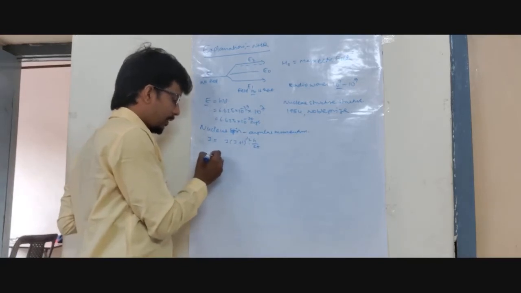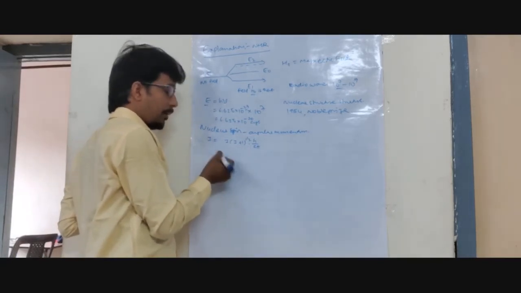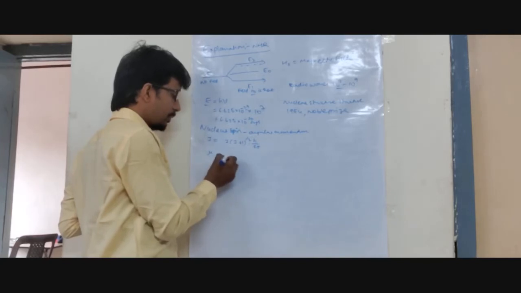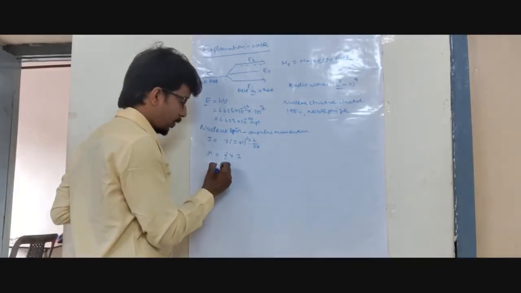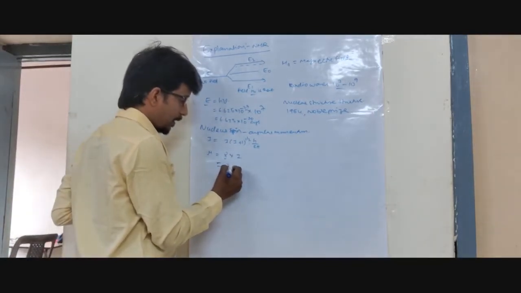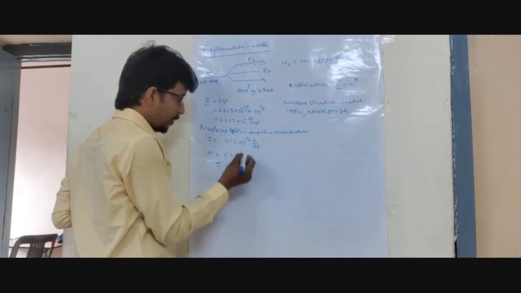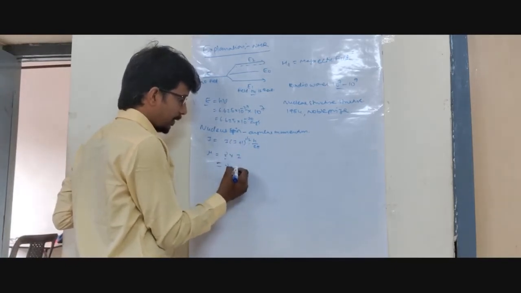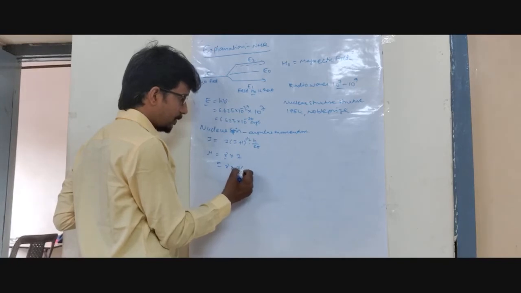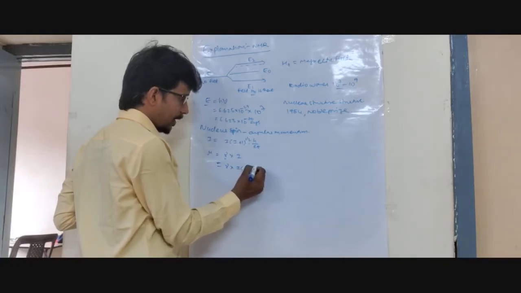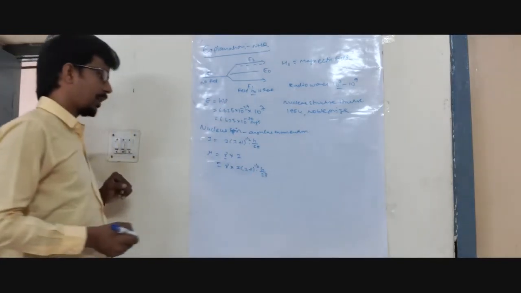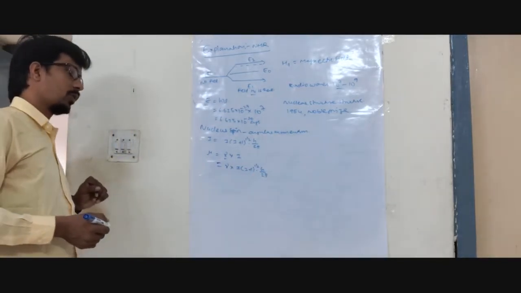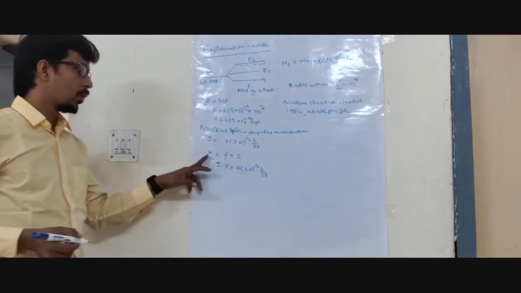Here we should determine the magnetic moment mu. Mu is nothing but gamma into I, where gamma is the gyromagnetic ratio. Multiplying gamma by the spin angular momentum, we get the total magnetic moment.